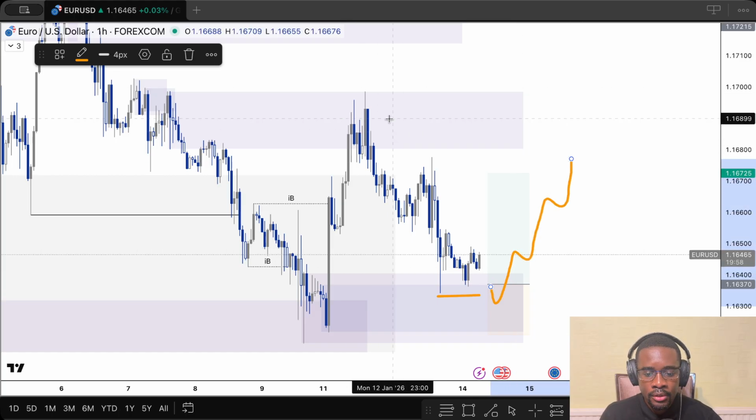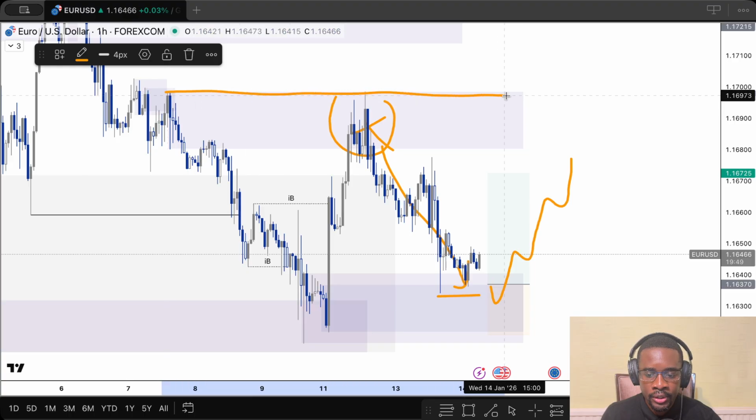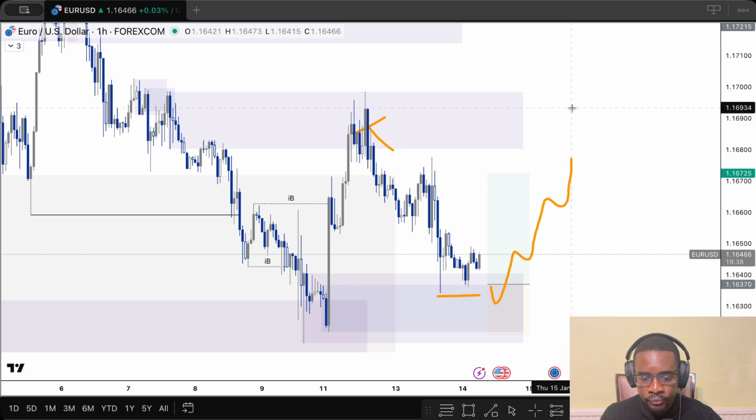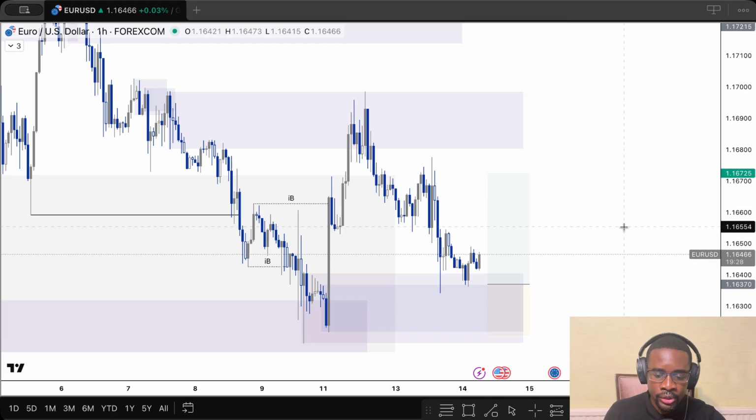So this 4-hour supply has already been mitigated and we've had a strong reaction. It's pretty much almost used up, so we have created relatively equal highs. So it's likely that price could continue bullish and take out the supply. So on this one, currently I'm leaning a bit more bullish than bearish.